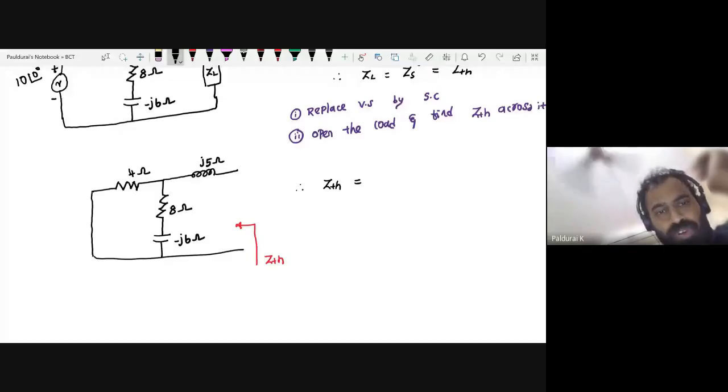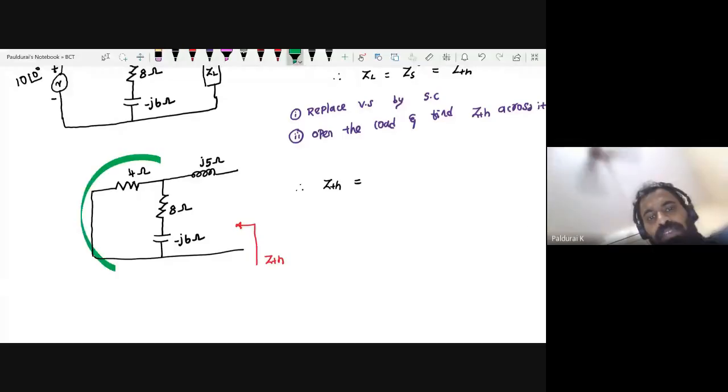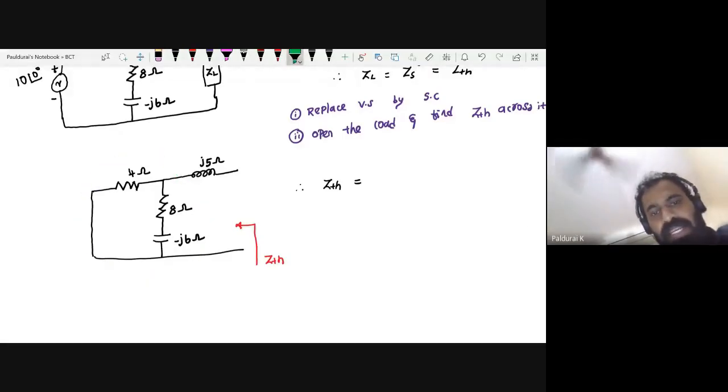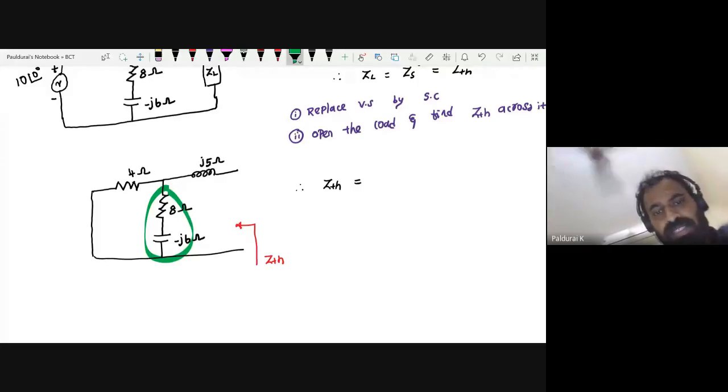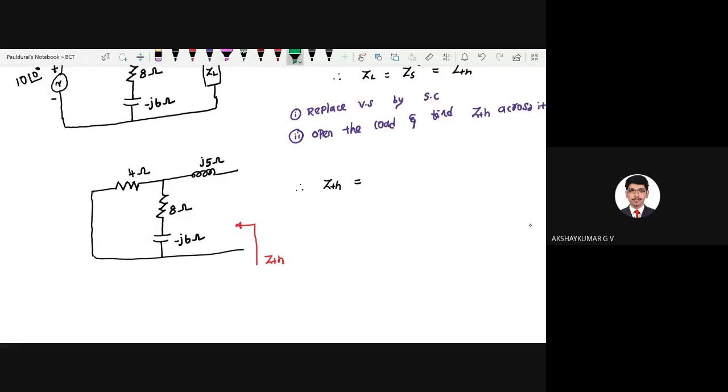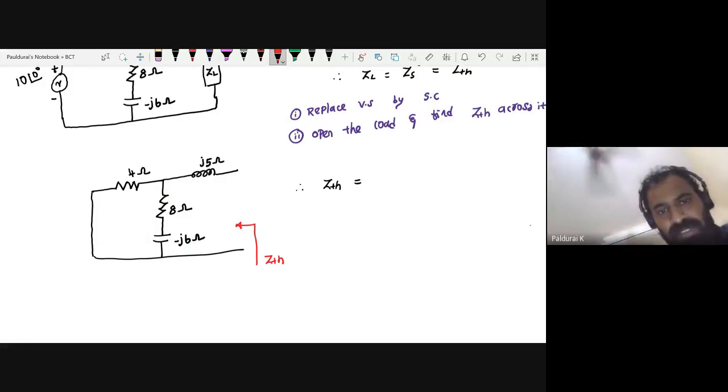First of all, how are this 8 minus J6 and the other elements connected? How are these two connected? Series. So what is the equivalent? 8 minus J6.